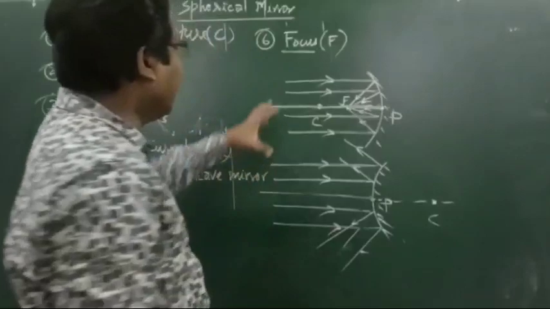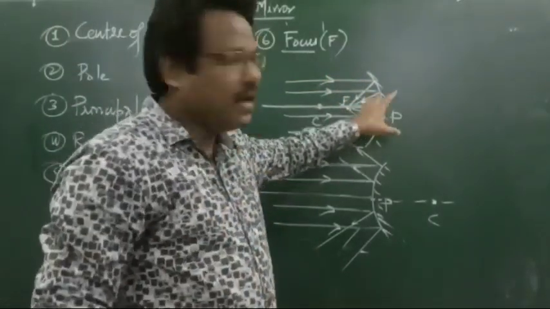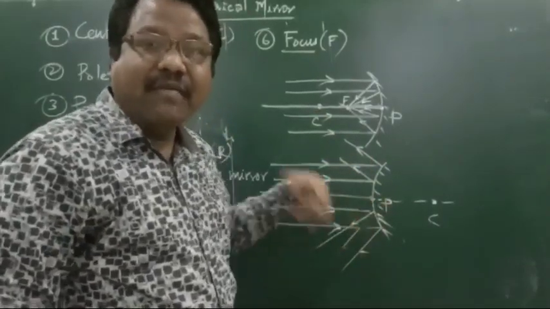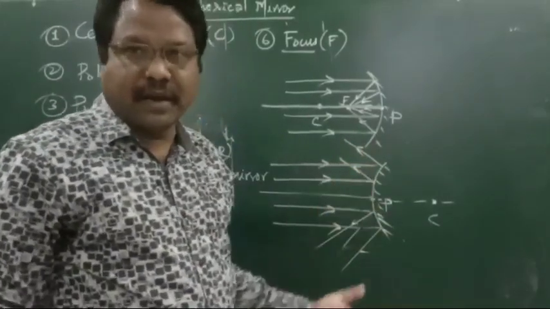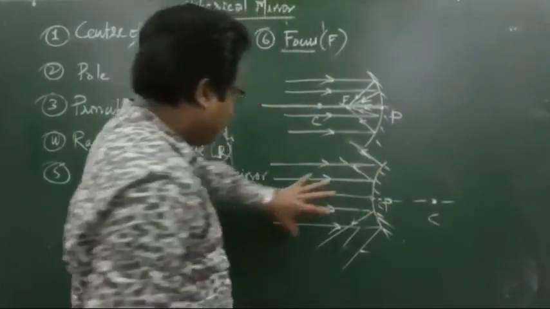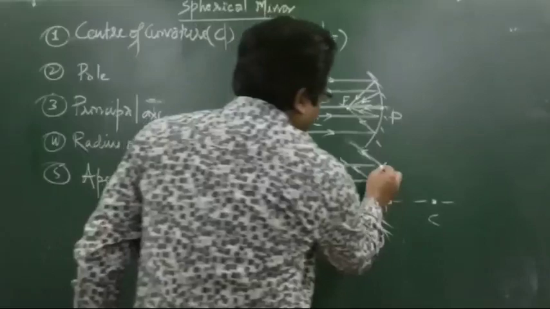Concave converges the rays, so it is also called a converging mirror, while the convex mirror diverges the rays, so it is also called a diverging mirror.